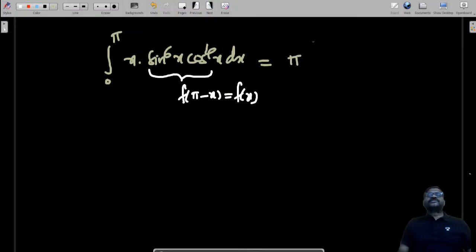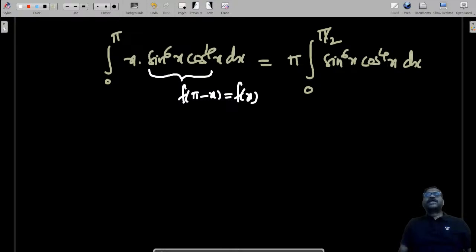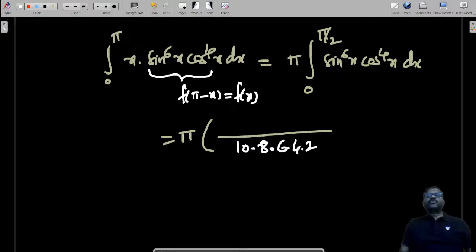Therefore, the integral is pi into integral 0 to pi by 2 sin power 6x cos power 4x dx. Denominator starts with 10, 8, 6, 4, 2. When power is 6, numerator starts with 5, 3, 1. When power is 4, numerator starts with 3, 3 into 1. Both the powers are even, therefore pi by 2.